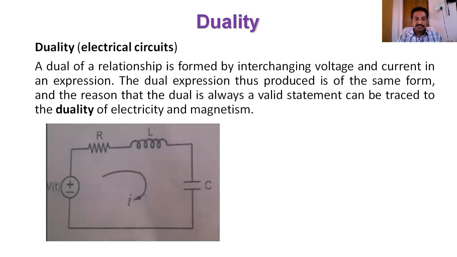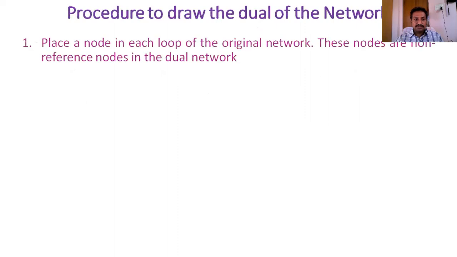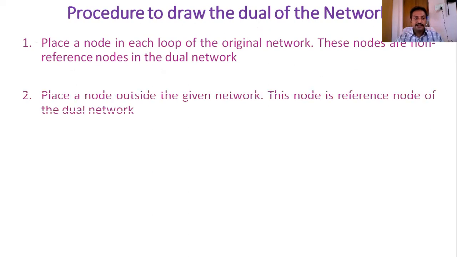This is a series, but this is the parallel. There is a procedure we will follow. Place a node in each loop of the original network. These nodes are reference nodes in the dual network. Then place a node outside the given network.